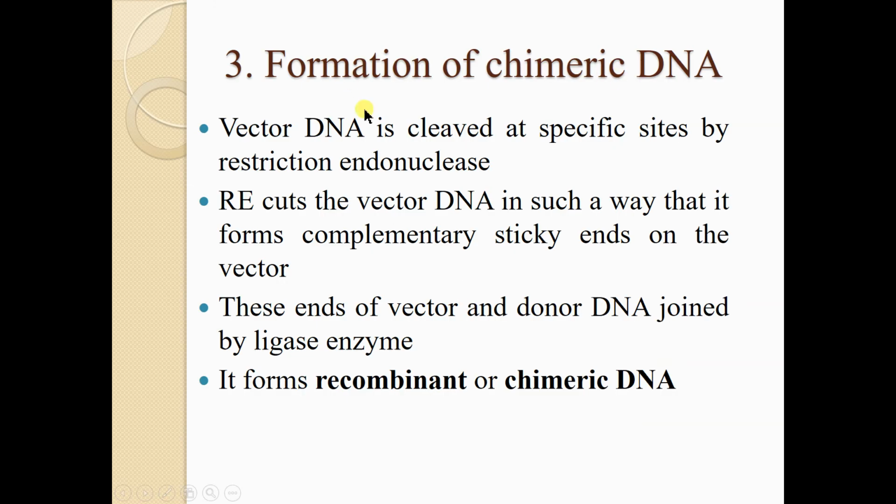In the formation of chimeric DNA, the vector DNA is cleaved at specific sites by the restriction endonuclease enzyme. The restriction endonuclease cuts the vector DNA in such a way that it forms complementary sticky ends on the vector. These ends of the vector and donor DNA are joined by ligase enzyme, which forms the recombinant or chimeric DNA. So now we have one molecule of the chimeric DNA.